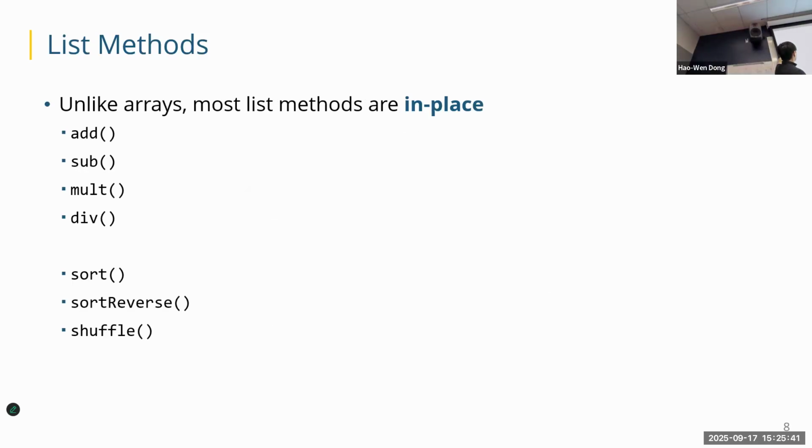And also you have all these different things. You can sort, you can shuffle it, you can add all the numbers, you can subtract, you can multiply, you can divide. So pretty much just like arrays. But one thing different about array is that everything is now in place.